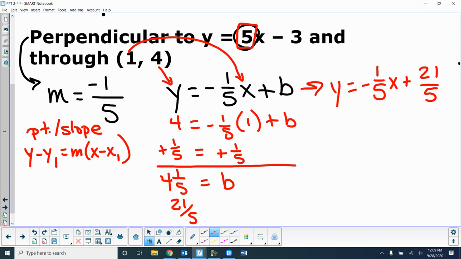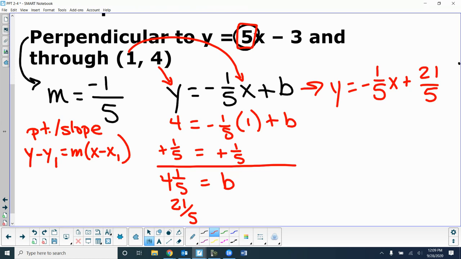We would have put the 1 for x1 and the 4 in for y1, and done everything else the same. Get y by itself. Either way works. Okay? Any other questions on the warm-up?